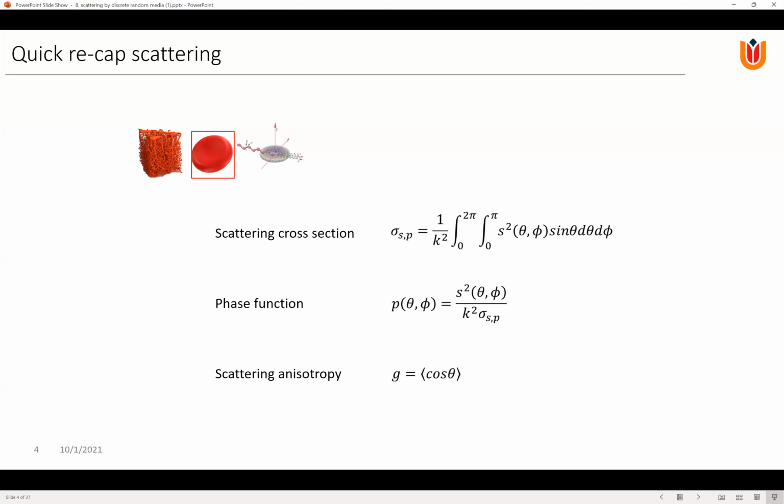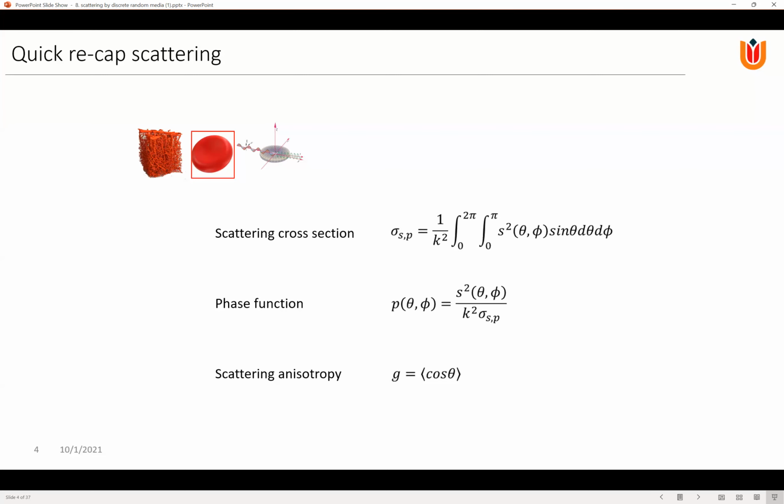So we had a couple of properties. Do you remember which properties we had to describe the absorption or scattering by one particle, by one molecule?